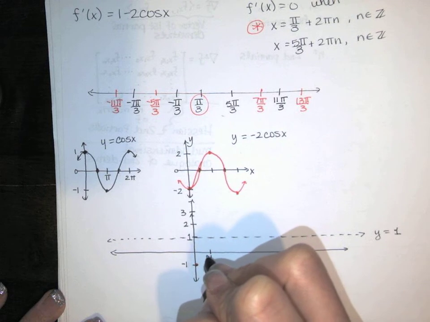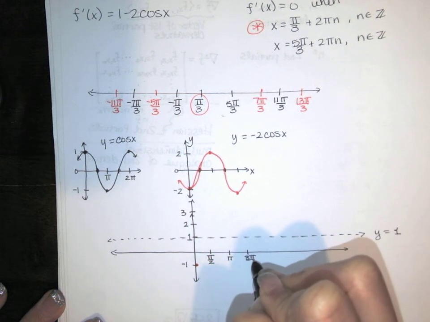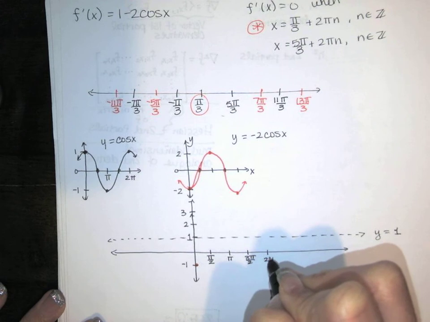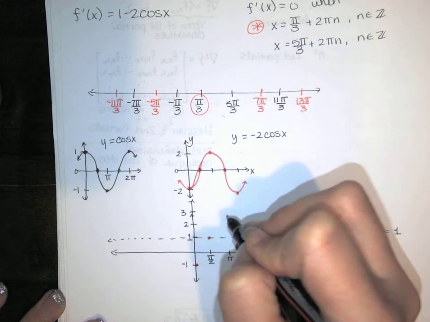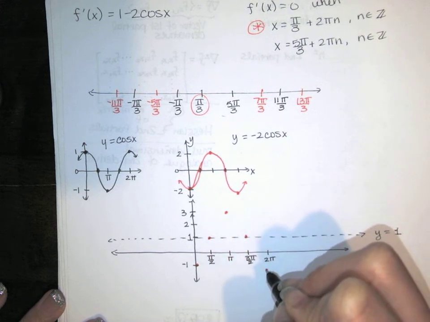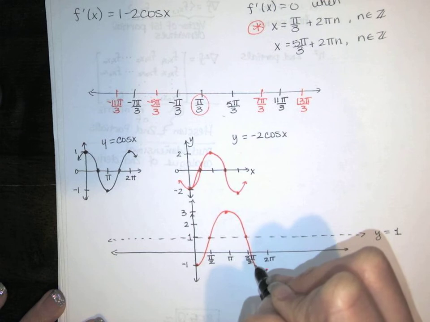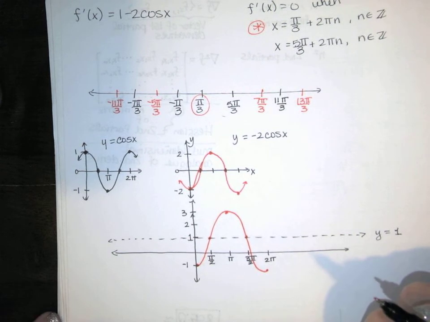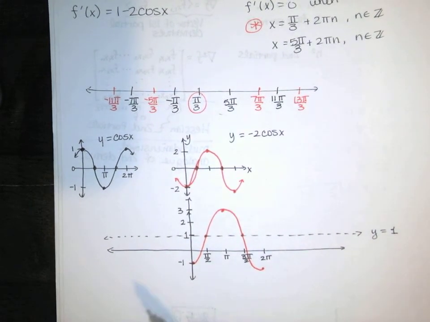Then at pi over 2, we're on the center line. Then at pi, we're at the max. Then we're back on the center line. Then we're at the min. And so it looks like this. And it repeats.